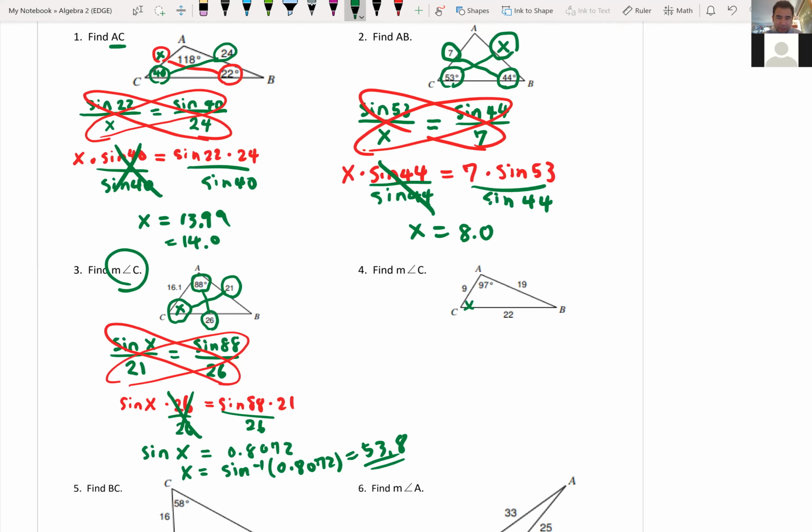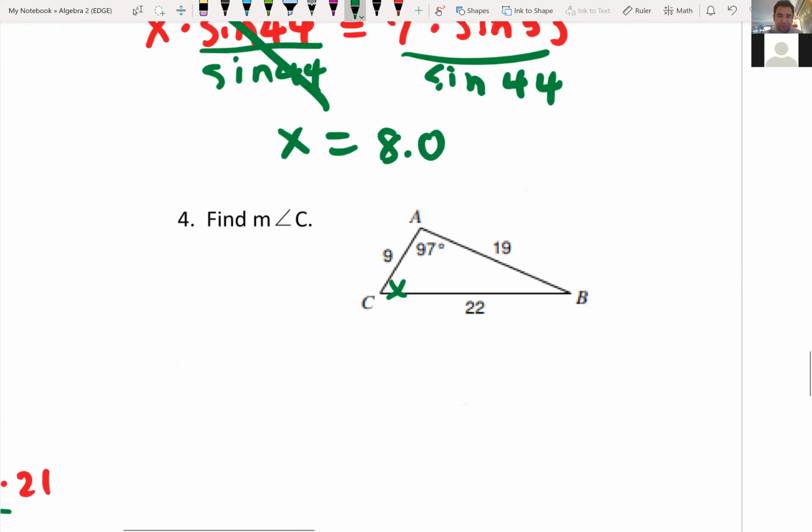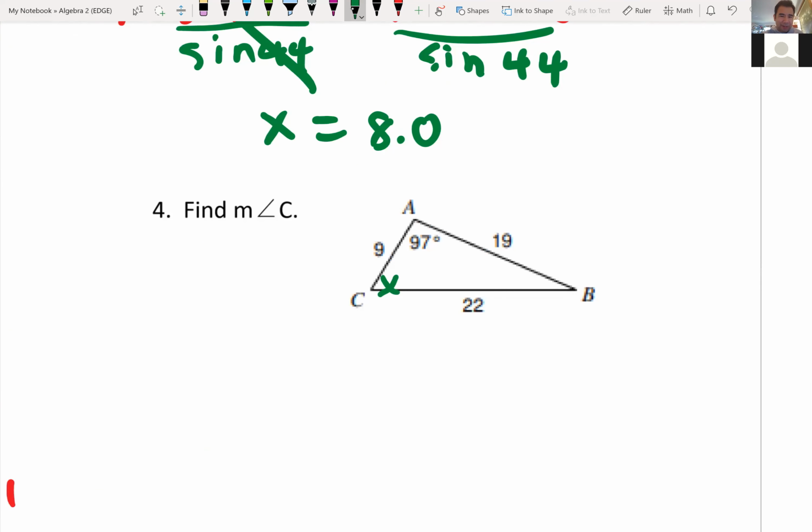So we want to find C. Again, definitely we've got 2 pairs, isn't it? Angle, opposite side, angle, opposite side. So this should be a sine rule problem.